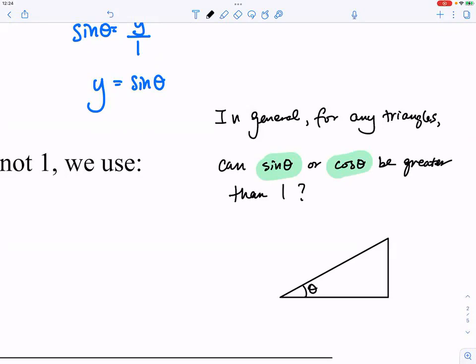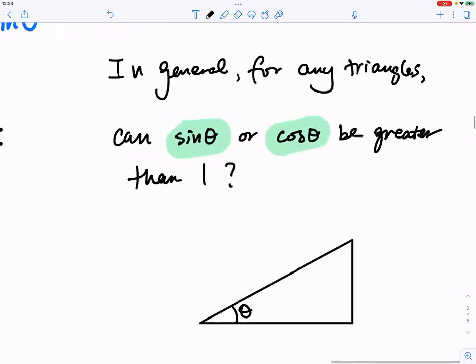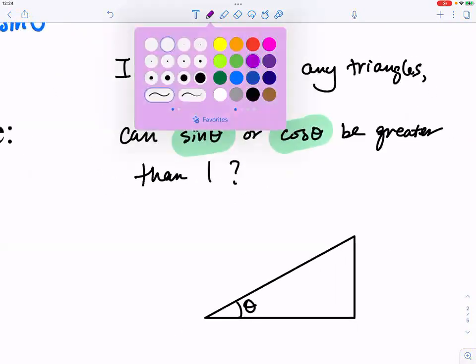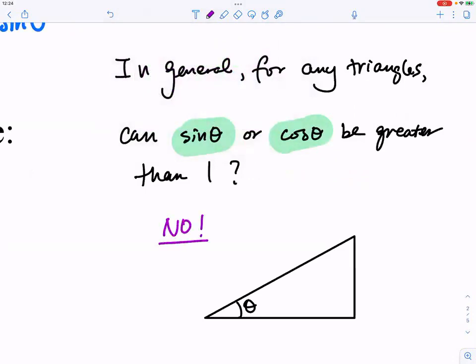Any guess? Why not? Okay, so the answer is a resounding no, because for sine and cosine theta, the denominators are both the hypotenuse, right? In a right triangle, the hypotenuse is the longest side.